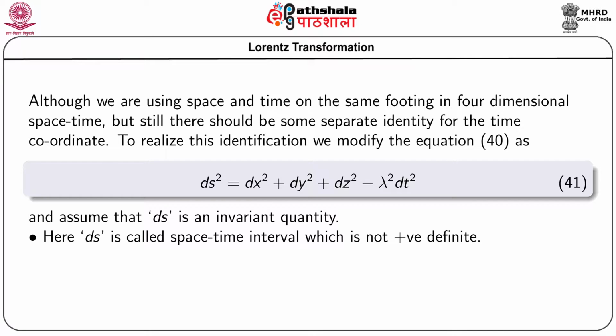This ds is called the metric of the 4 dimensional space, and it is not positive definite because of the term minus lambda square dt square.